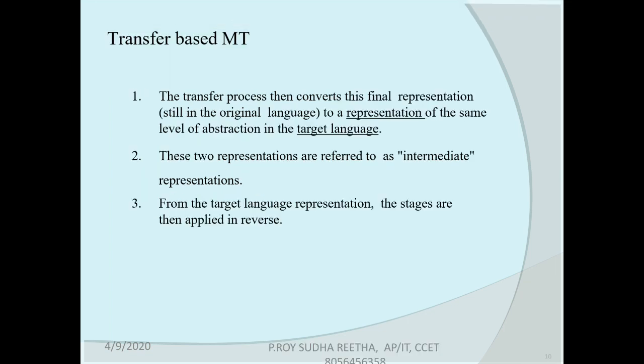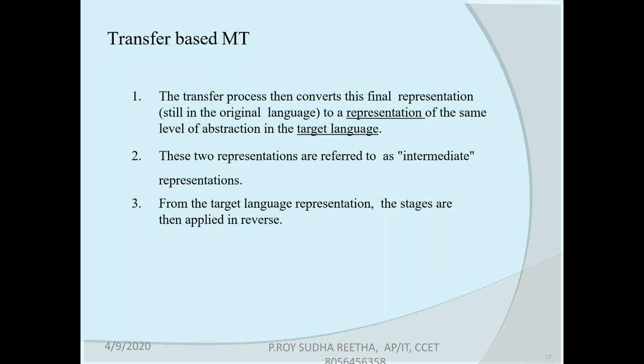Next we are going to see transfer based machine translation. Transfer based machine translation is a process that converts the source representation to a representation of the same level of language in the target language. The final representation will be converted into the target language at the same level of abstraction.